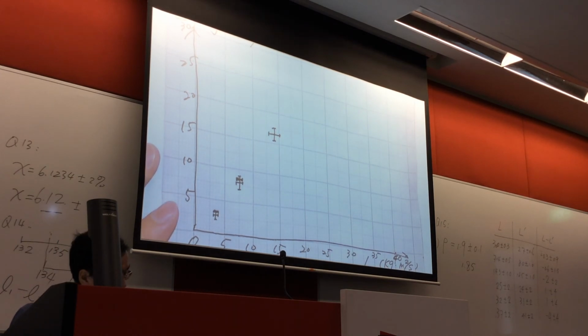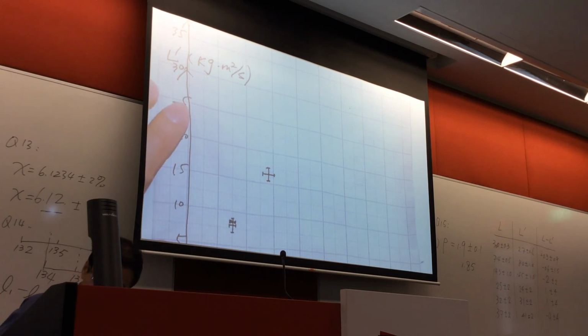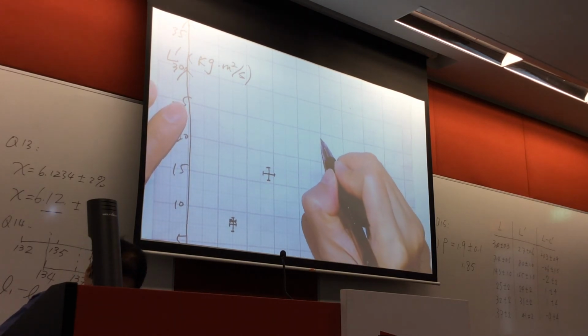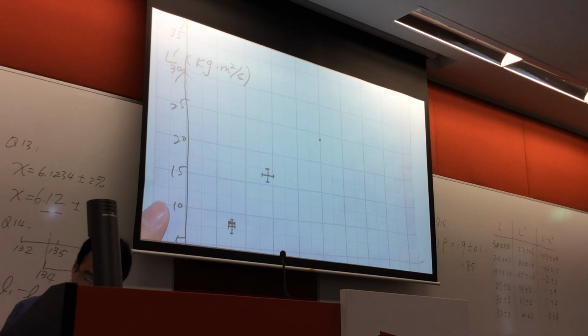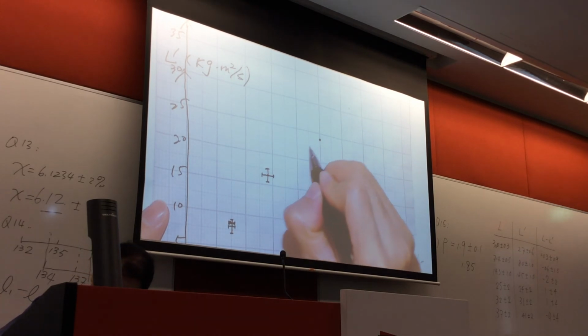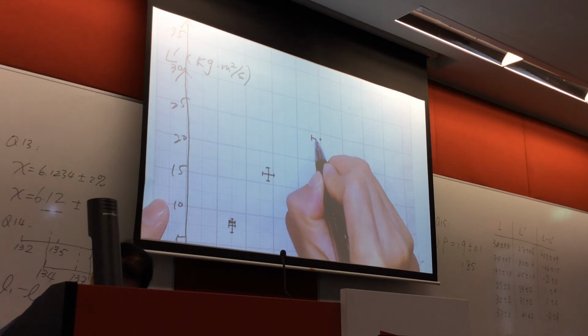Okay, the fourth point is 25 plus minus 2. 25 is here, and y is 24, so the best estimate point is this one. And the x is 25 plus minus 2, so this is 23 to 27.